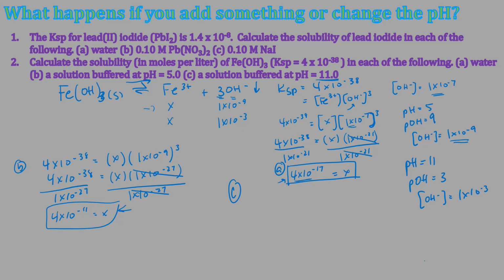So I'm going to plug that number in, and then 1 times 10 to the negative 3rd, be cubed. Don't forget the cube because it's in the expression. So that would be 1 times 10 to the negative 9th that I'm dividing by, and then my x will be equal to 4 times 10 to the negative 29th.